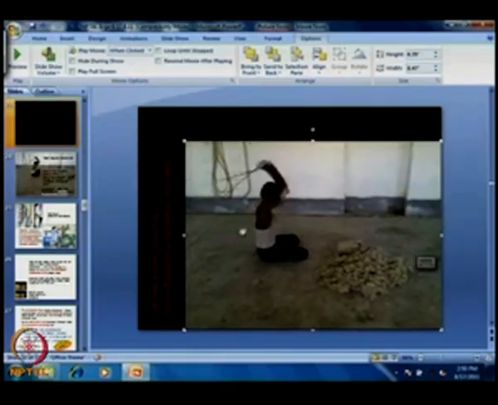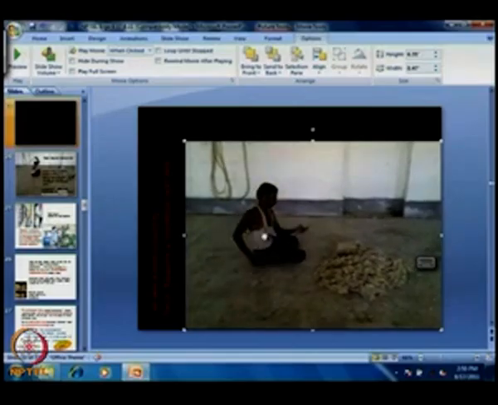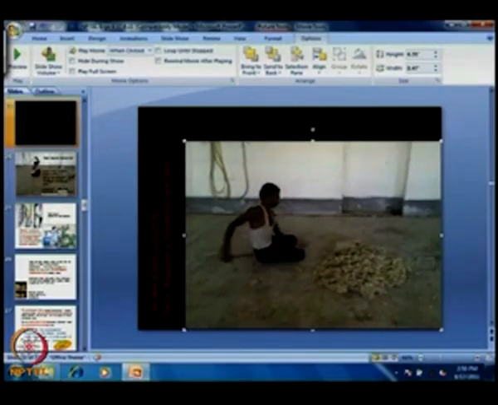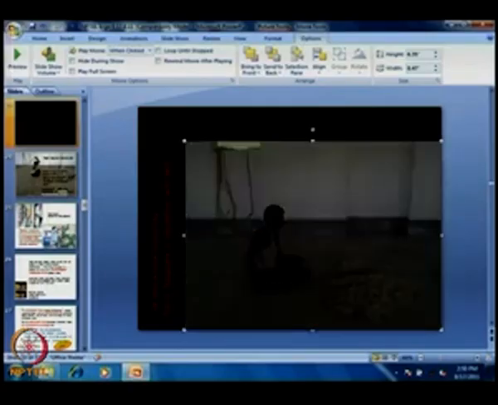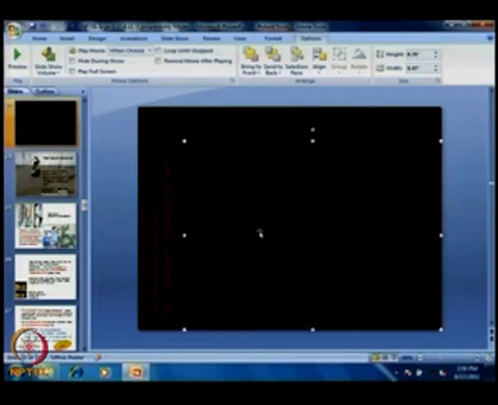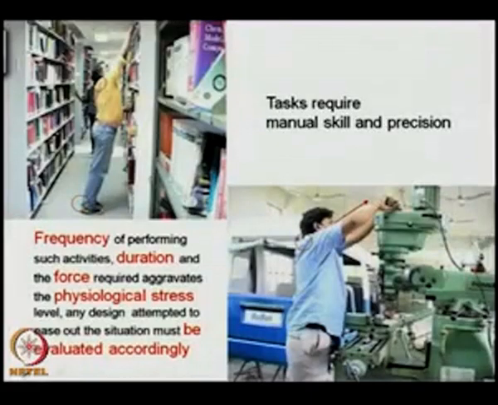Now, see the movement pattern he is following. Here it is mostly a muscle power oriented task. This task mainly requires manual skill.